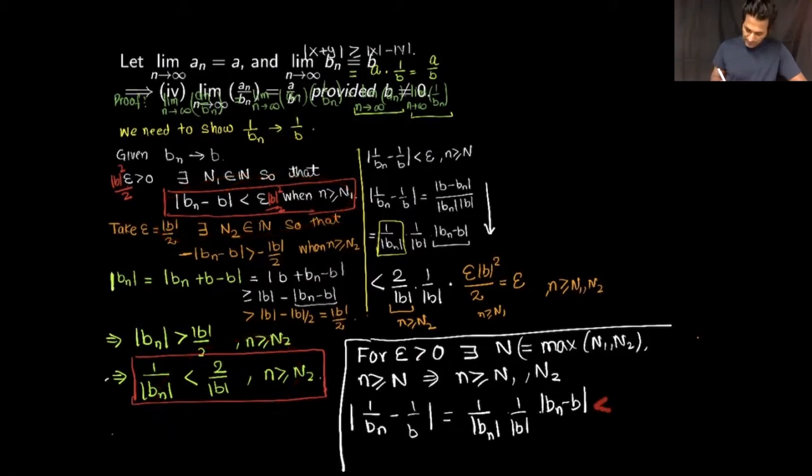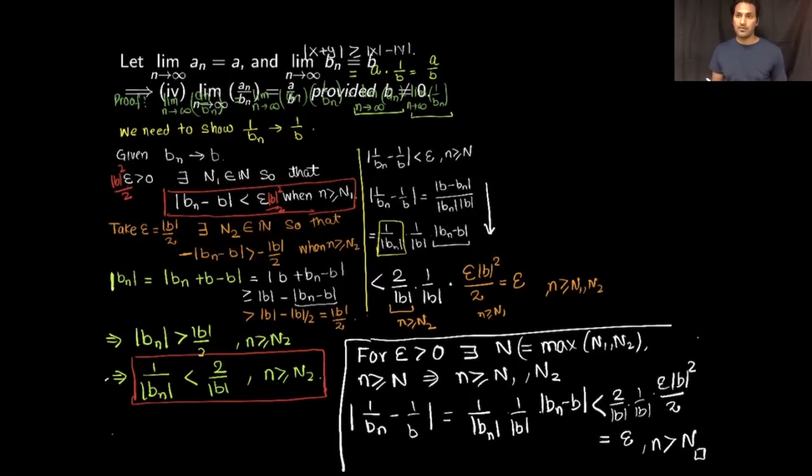Therefore, this is less than 2 over the absolute value of b, times 1 over b, times epsilon b squared divided by 2. And this whole thing is equal to epsilon when n is bigger than n1. So this completes the proof of this theorem that 1 over bn converges to 1 over b.